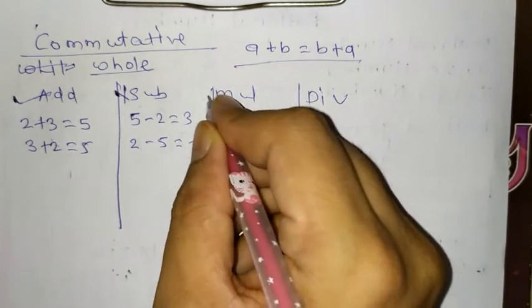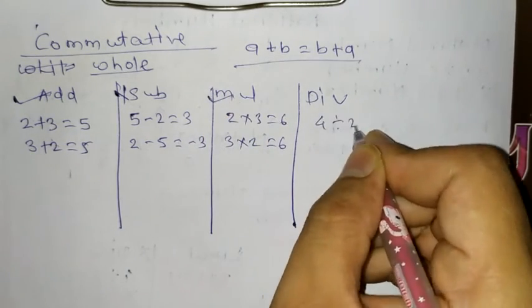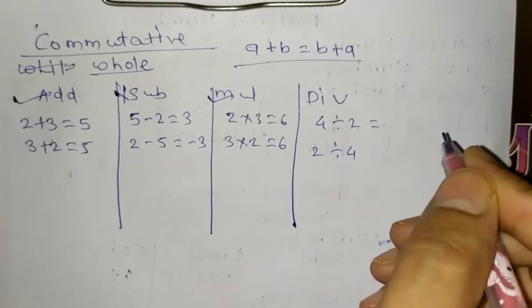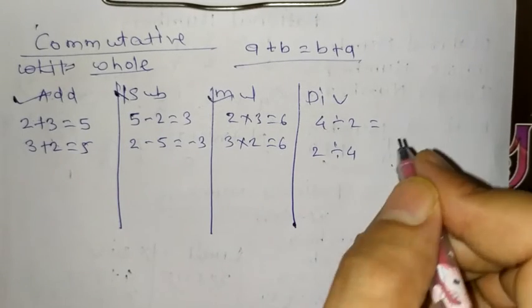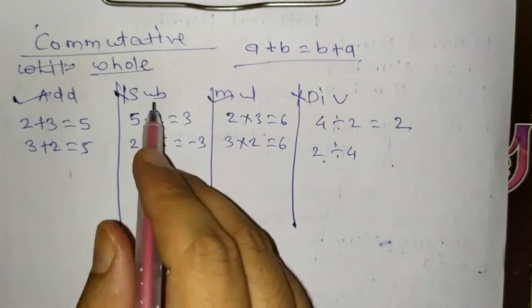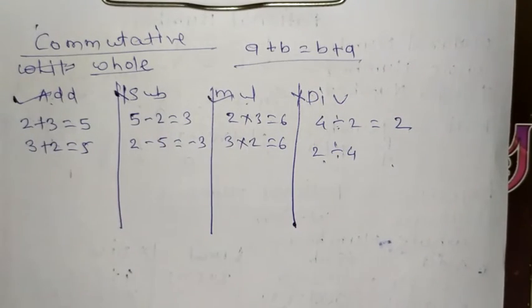So it is satisfied. 4 divided by 2 and 2 divided by 4. In both cases a different number will come. Here it will come in decimal point, here it will come 2. So it is not satisfied. So only addition and multiplication are satisfied.